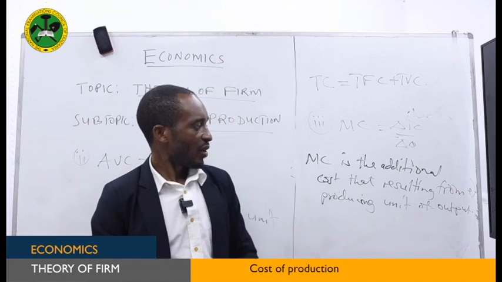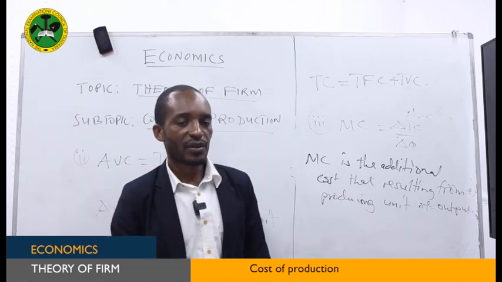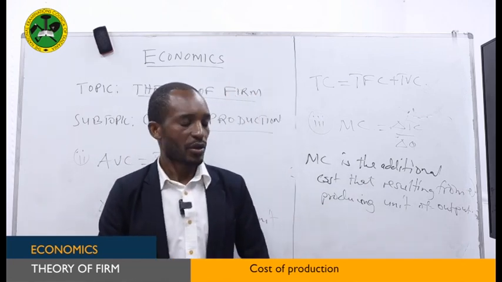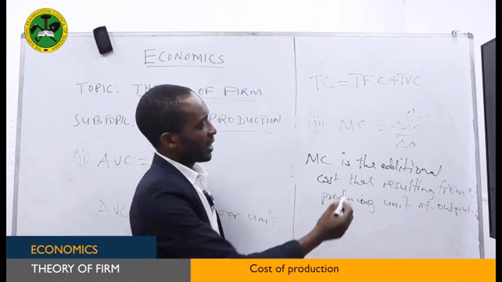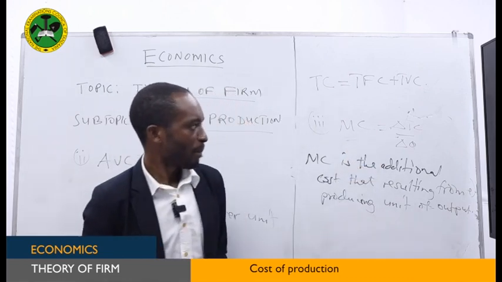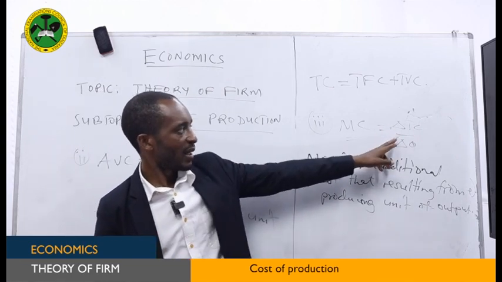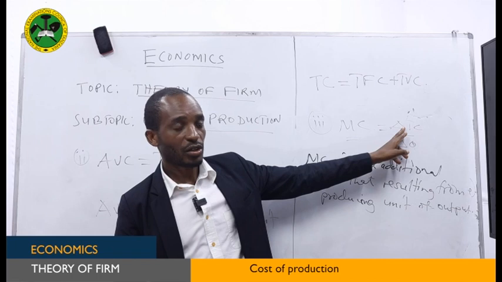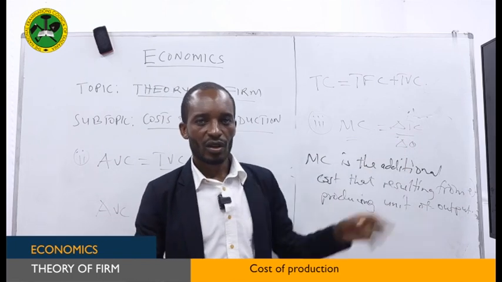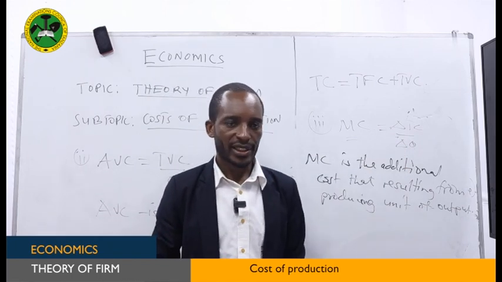So it's the extra or additional cost resulting from producing a unit of output. So that we call a marginal cost. So we'll be obtaining this marginal cost by taking the change in total cost over the change in total quantity.